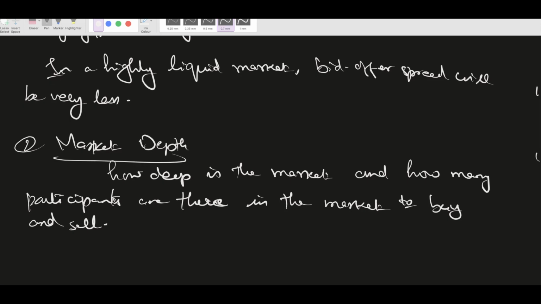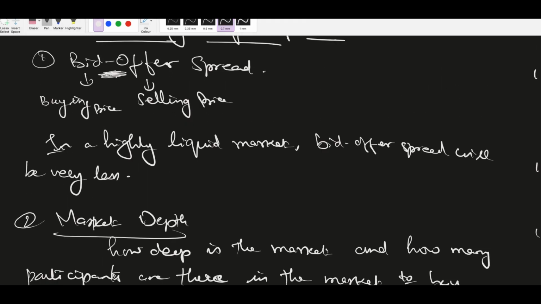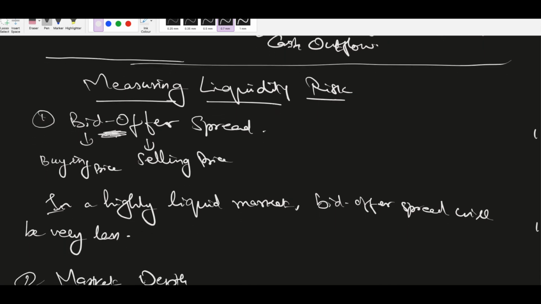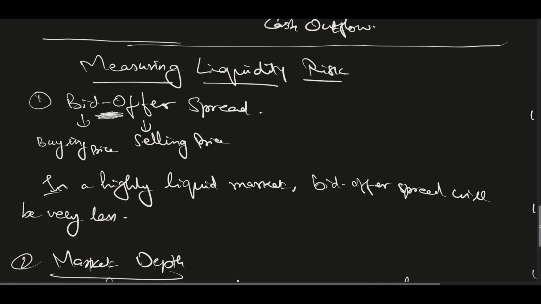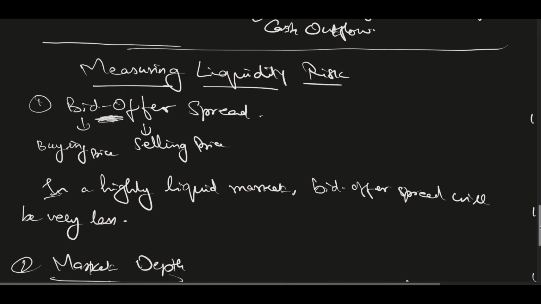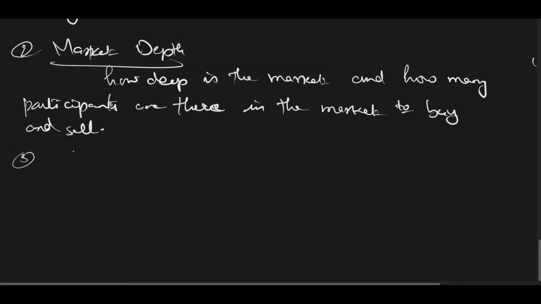Some other terms associated with measuring liquidity risk: one is the bid offer spread we have discussed, then market depth, then similarly immediacy. Immediacy comes from the word immediately.